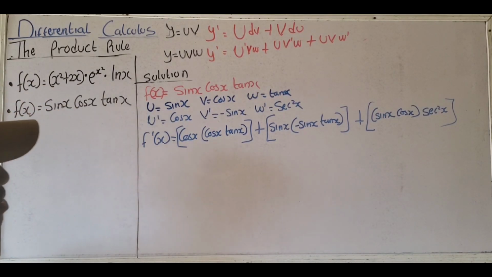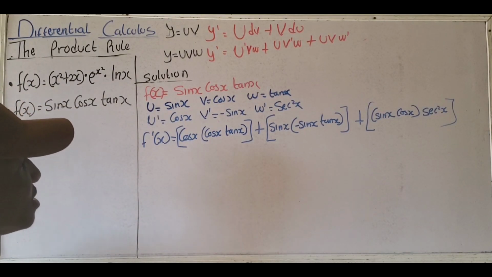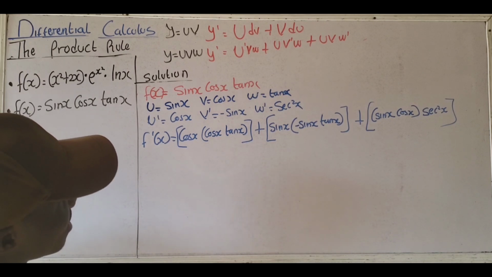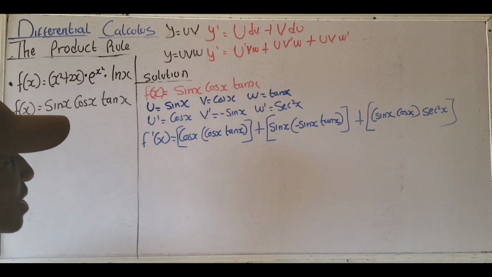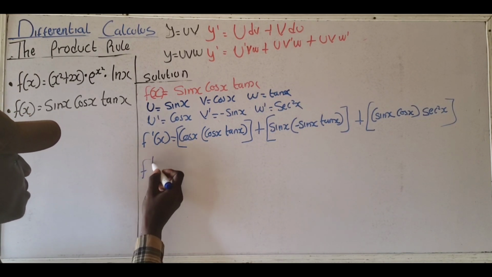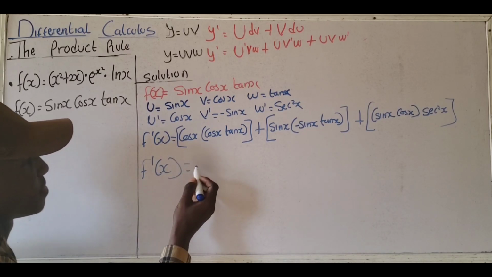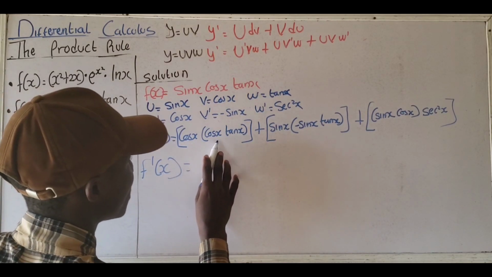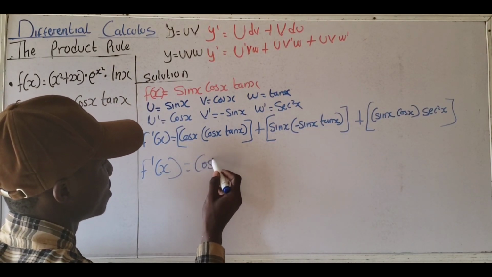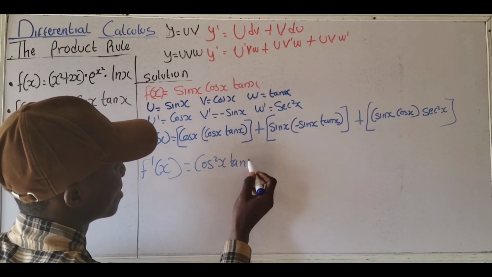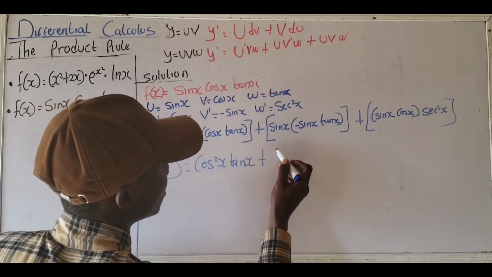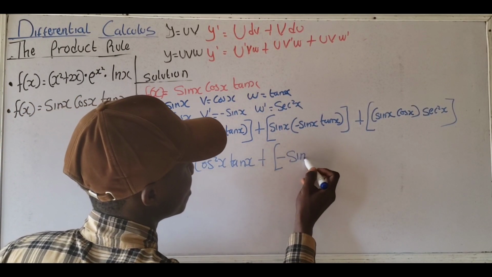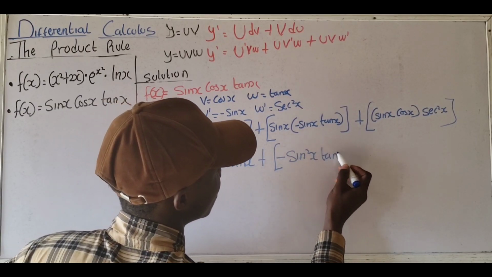Now the next step is that let's look at the terms that we can add together. Okay, the derivative of f of x is what? Cos x tan x, that is cos square x tan x, plus open the bracket negative sine square x tan x.